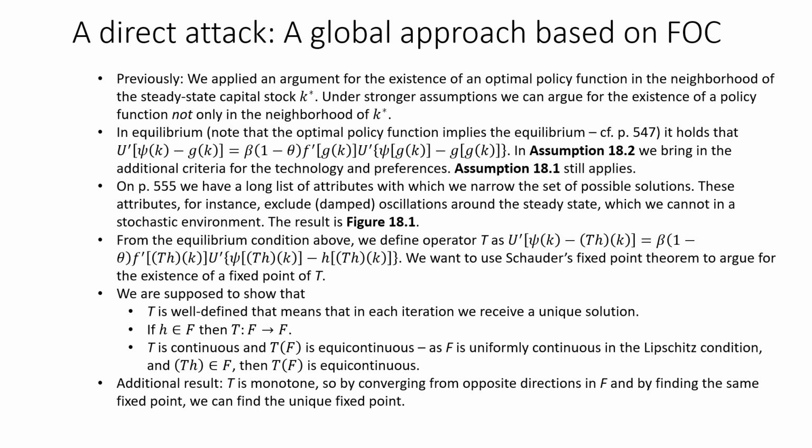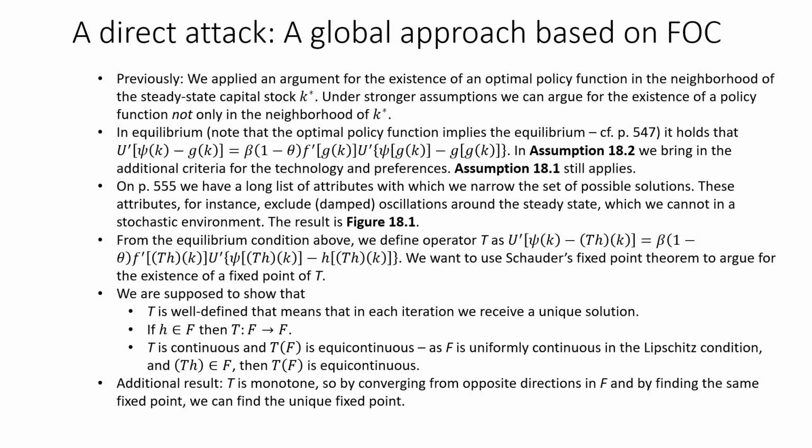So we have a fixed point by the use of the operator we defined, and we have an additional result. T, the operator, is monotone, so by converging from opposite directions in set F, if we find the same fixed point, then we can say that the fixed point we find is unique.